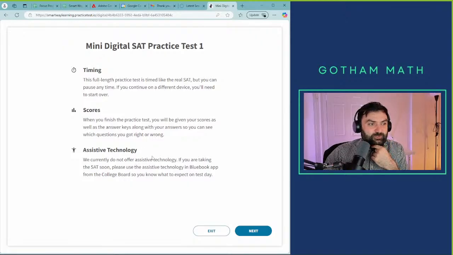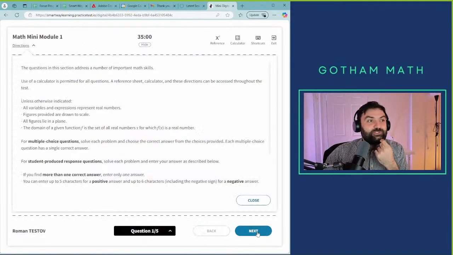I'm not really sure what assistive technology is. Like a calculator? What else is there? Oh, you mean for disabilities? Maybe. All right.